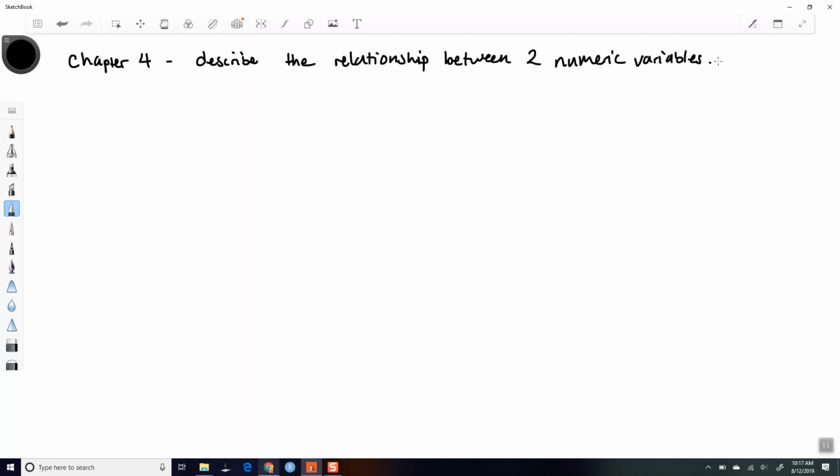This is different from describing one numeric variable for two samples, okay, which is what we did on the previous slide. On the previous slide, where I showed company A and company B, it was the same numeric variable. It was one numeric variable, the age of employees, but for two samples. Today, we're going to talk about just looking at one sample, and within that one sample, we're looking at two variables, okay?